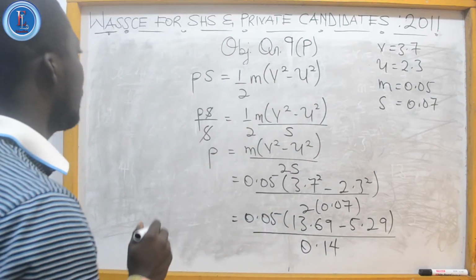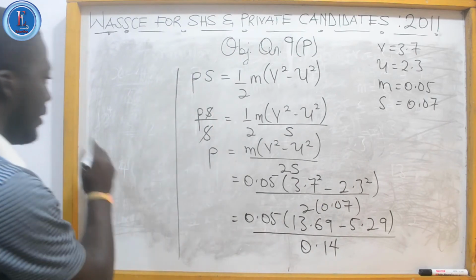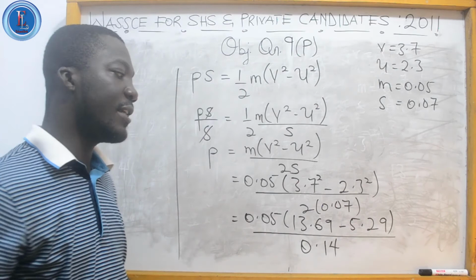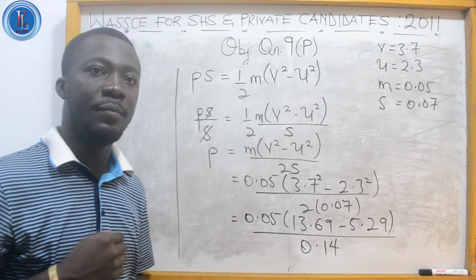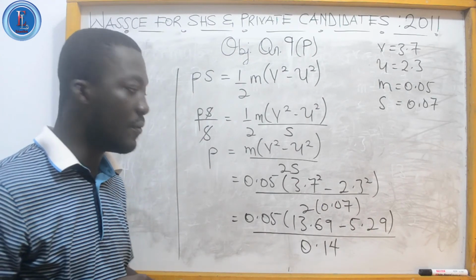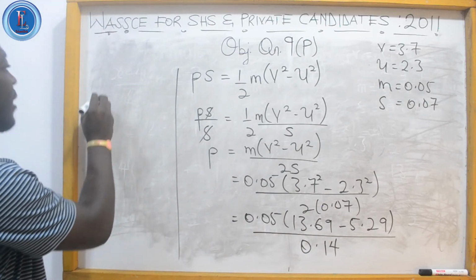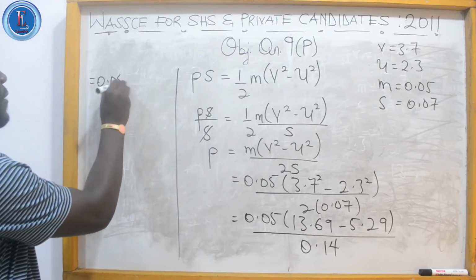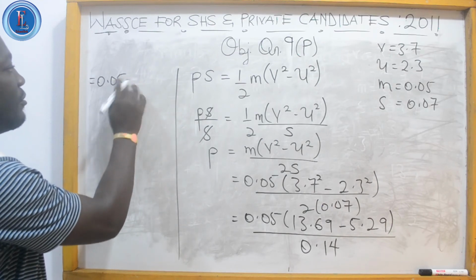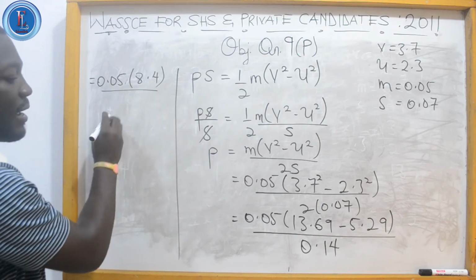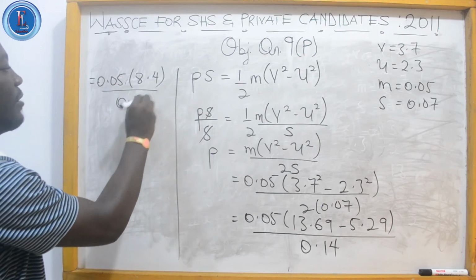Let me continue here. 0.14. So 13.69 minus 5.29 is going to give you 8.4. So we'll have 0.05 into brackets, 8.4 divided by 0.14.